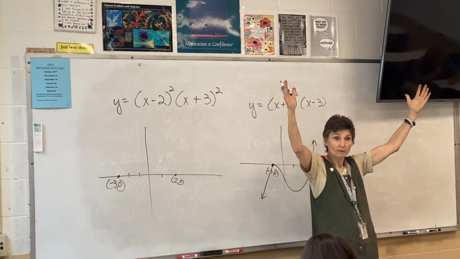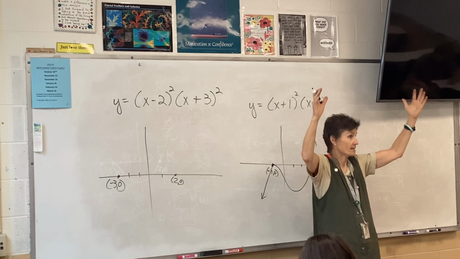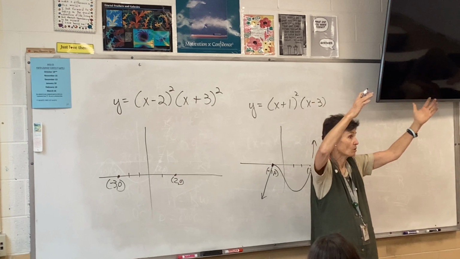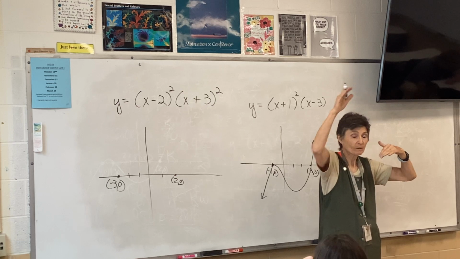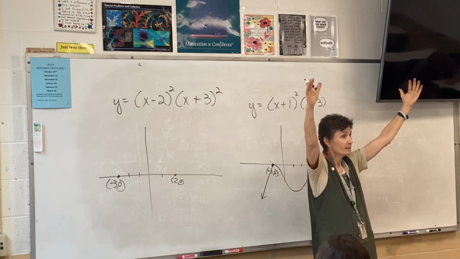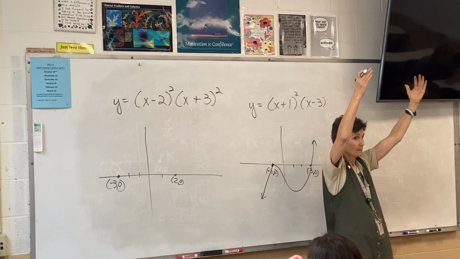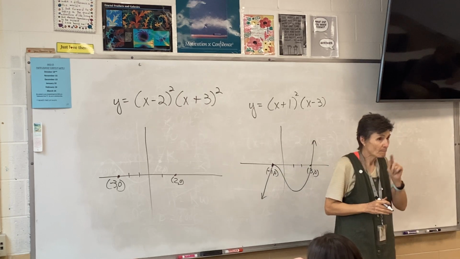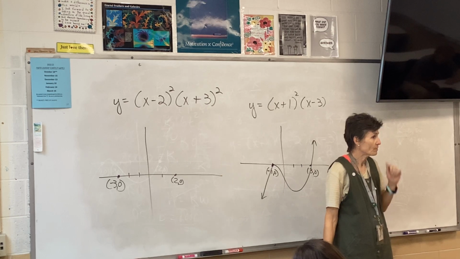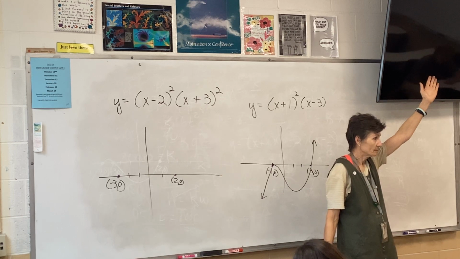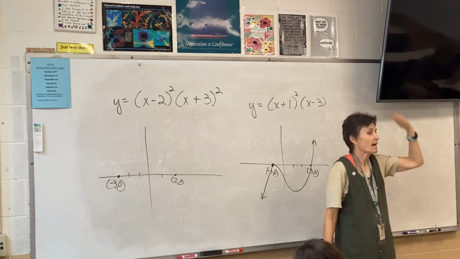So x squared looks like this, x to the 4th looks like this, x to the 6th looks like this, and so on and so on. If you are x to an even power, you're gonna start up and end up just like a parabola. If you are an odd power, like x cubed, you're gonna start down and end up. That's what odd powers do. So an x to the 5th starts down, ends up.